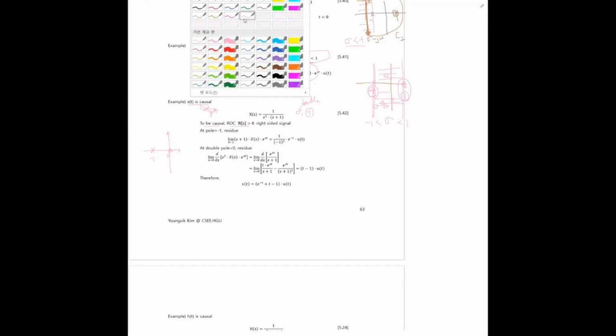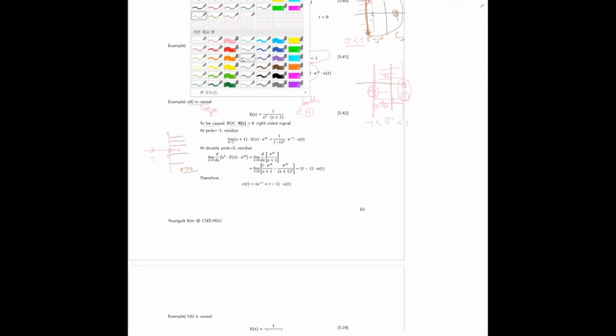So this one is a simple pole, and the region of convergence is defined to the right side of the rightmost pole. At this moment, between minus 1 and 0, 0 is the rightmost pole, so the region of convergence is defined in this way. So sigma should be positive. The maximum real pole is this one, the value of the pole.